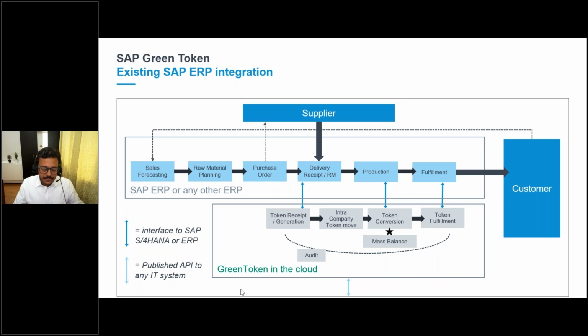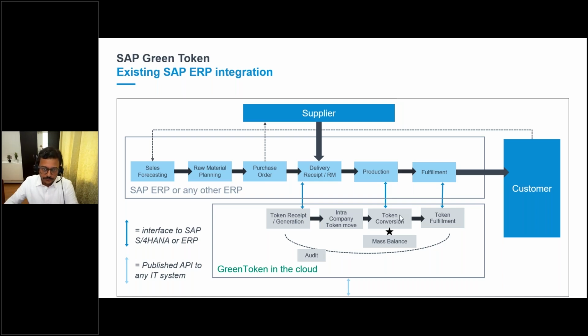At this stage, when you are receiving the delivery, this is when the tokens are either received or generated. Then you have intra-company movement. If you have multiple plants, multiple DCs, and you have the stock moving from one place to another, you can also model this.